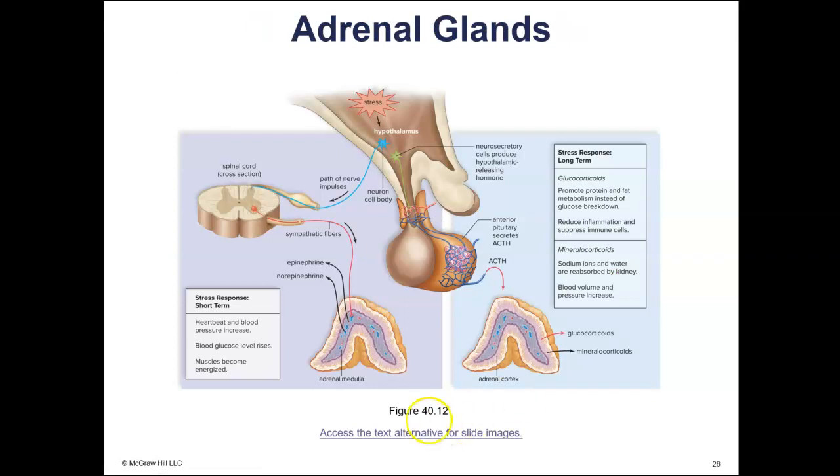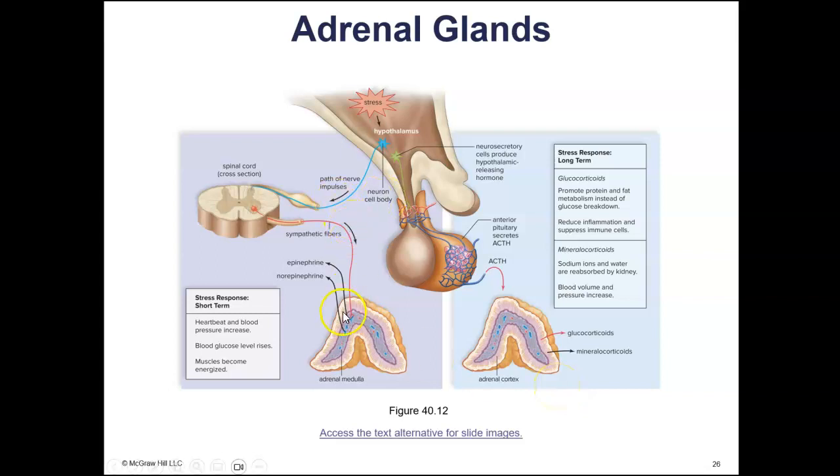And this shows you the adrenal glands and their relationship to the hypothalamus and the anterior pituitary gland, because what happens is the hypothalamus will produce releasing hormone, and that will cause the anterior pituitary to release ACTH, adrenocorticotropic hormone, and that will affect the release of cortisol, and it will cause the release of cortisol and aldosterone from the adrenal cortex.